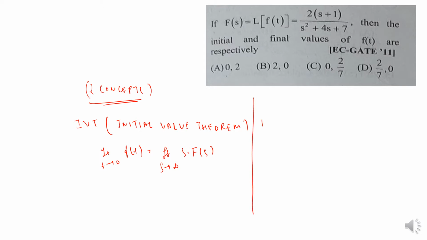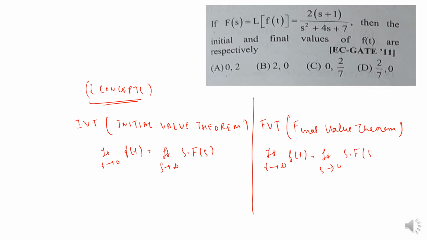There is also the final value theorem. It is limit t tends to infinity f of t is equal to limit s tends to 0 s into F of s. So when you talk about the initial value theorem, t tends to 0, and when we talk about the final value theorem, t tends to infinity.